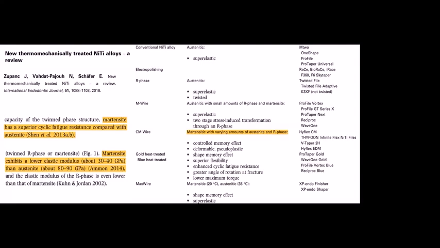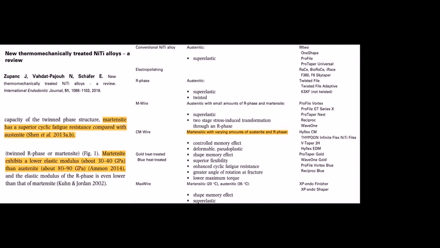It means that at body temperature, this file is in martensite phase, and we can also use files made of austenite NiTi. What does it mean? It means that at body temperature, the file is in austenite phase. And why is this important? It's important because the resistance of a file that works in martensite phase at body temperature is much higher than those files that are in austenite at body temperature.